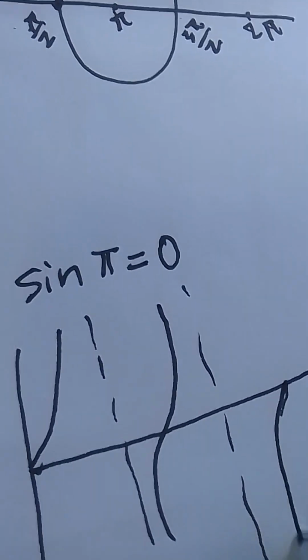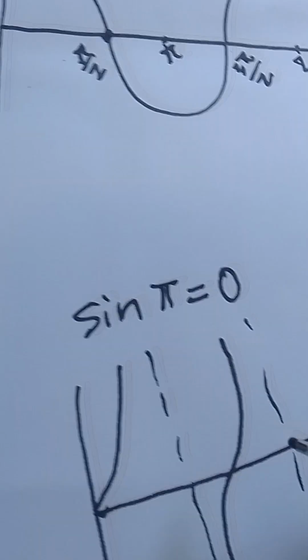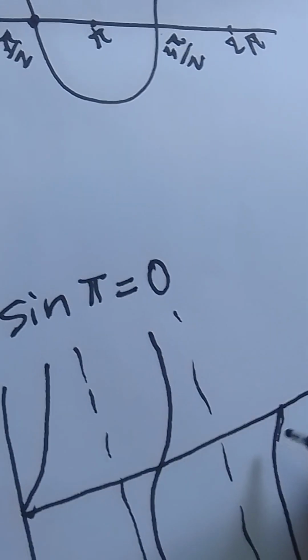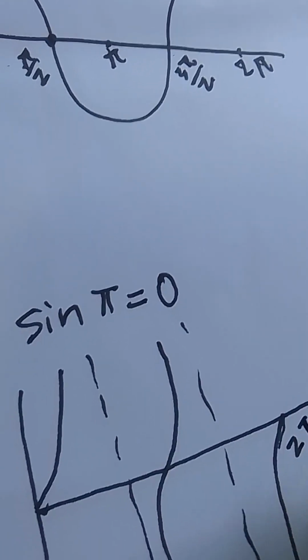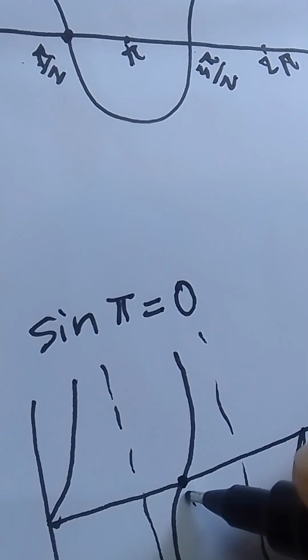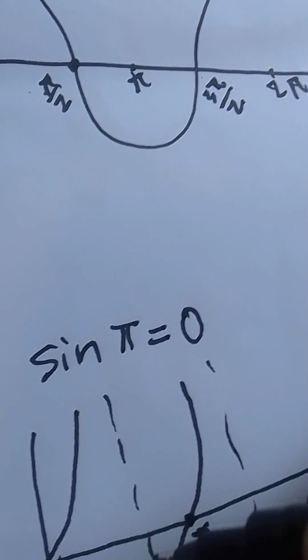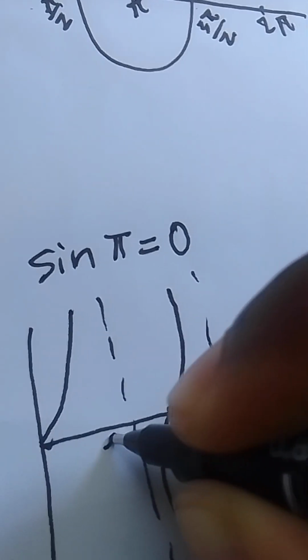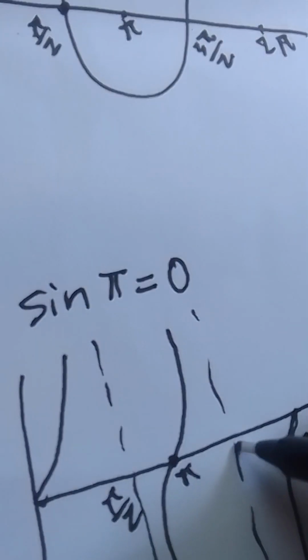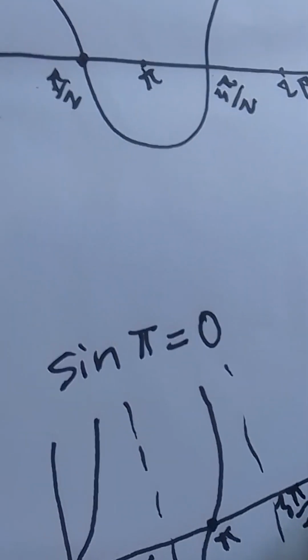This is the sine graph. And then here, it's 2 pi. At the halfway point is pi. Here it's pi by 2. Here it's 3 pi by 2.